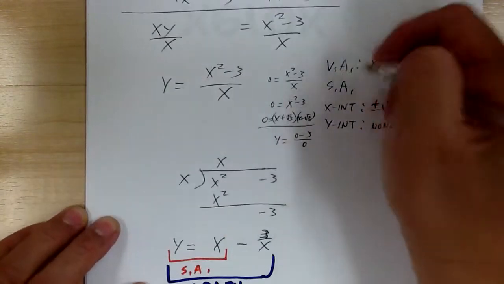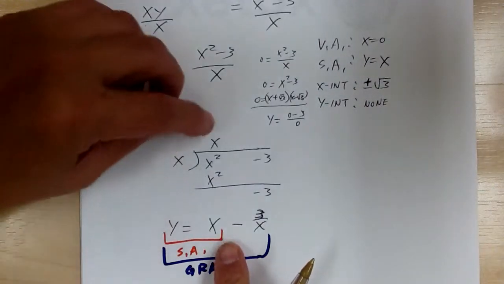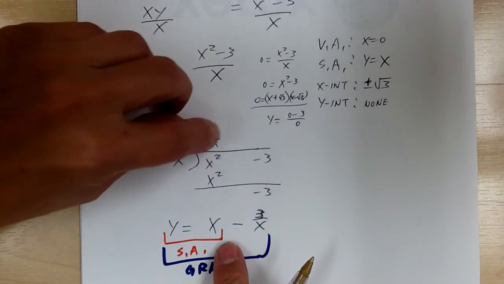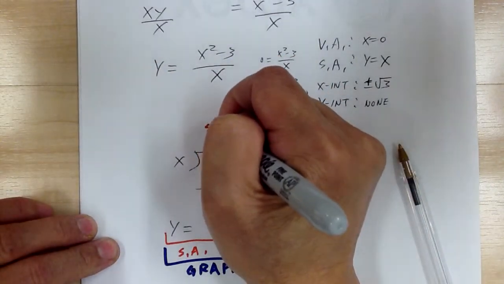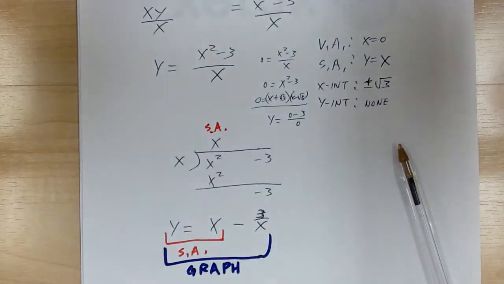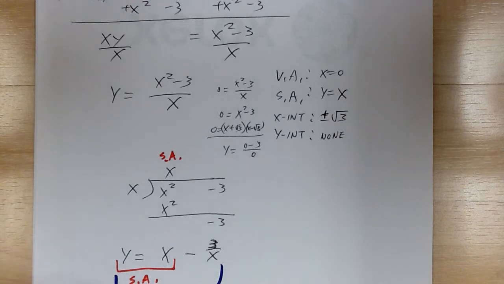So from here, the slant asymptote is y equal to x. Again, this is your slant asymptote up here. So that's the slant asymptote. So once you get all this information, now you're ready to go ahead and graph.